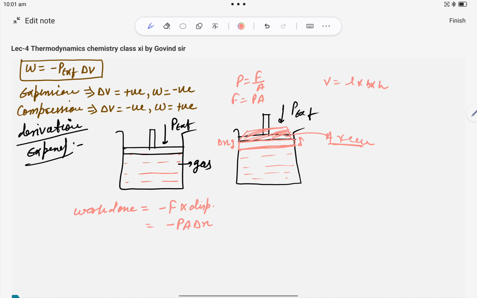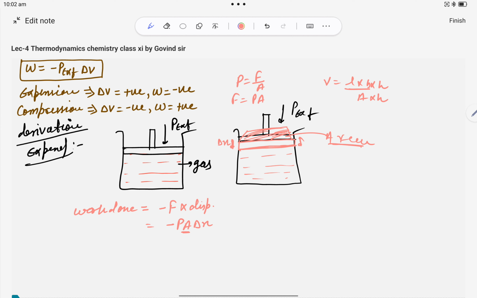LBH. LB is the area, that is A, and H is the height, which here is delta x.